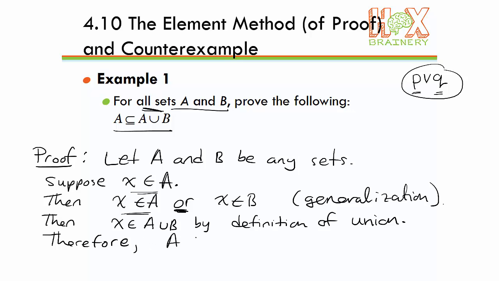Therefore, A is a subset of A union B, because we showed that x started out as an element in A, and then through a generalization and through a definition, we showed that that same x was also an element of A union B. So we showed the subset relationship. And then let's finish that up with a little QED to show the proof is over.